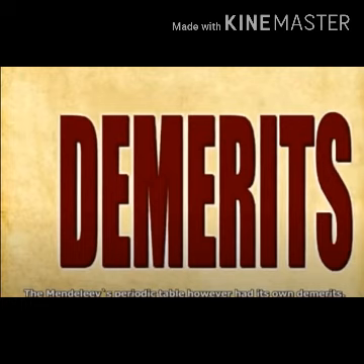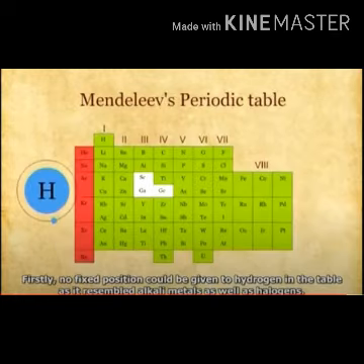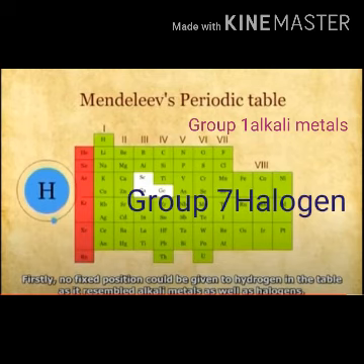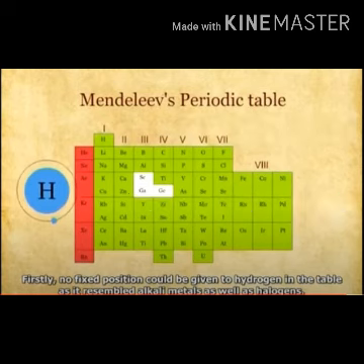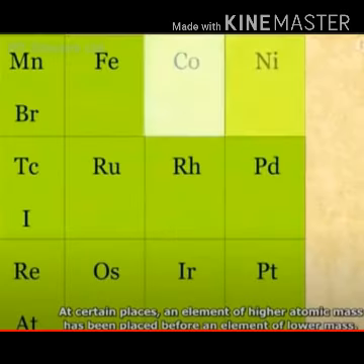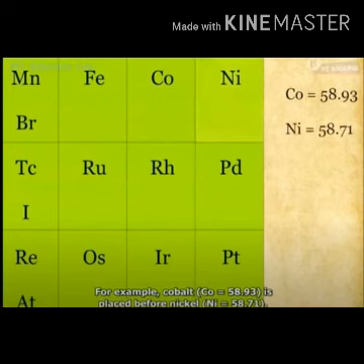No fixed position could be given to hydrogen in the table as it resembled alkali metals, that is group 1 elements, as well as halogens, that is group 7 elements. At certain places, an element of higher atomic mass has been placed before an element of lower atomic mass.